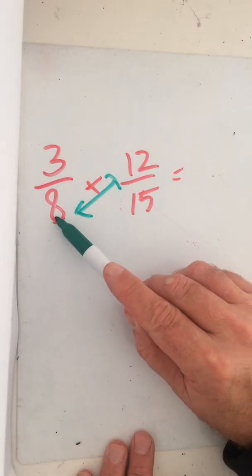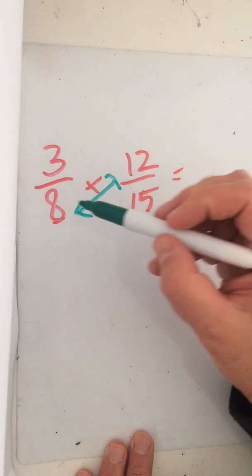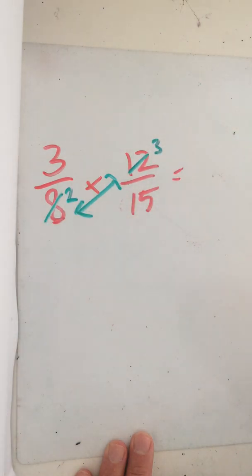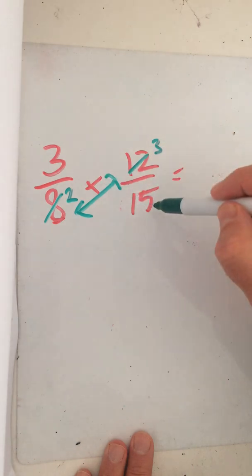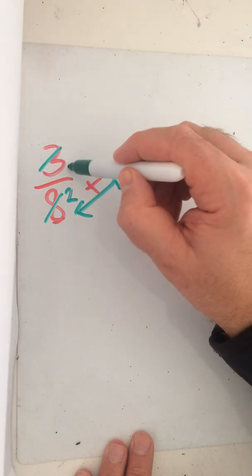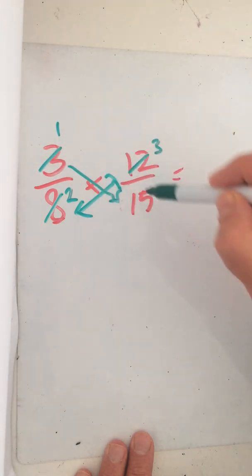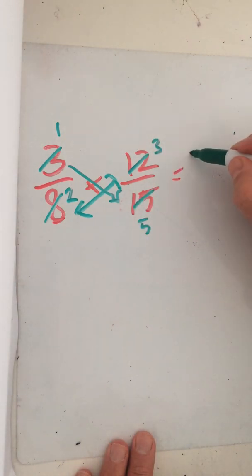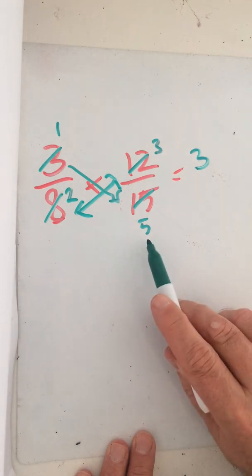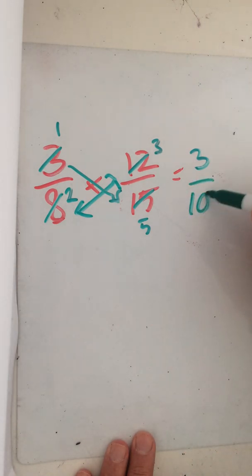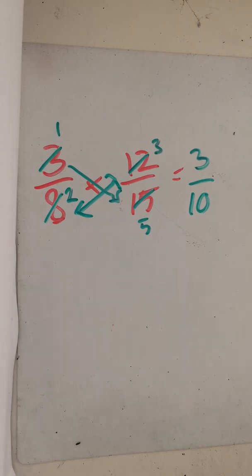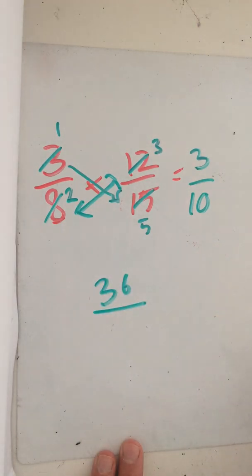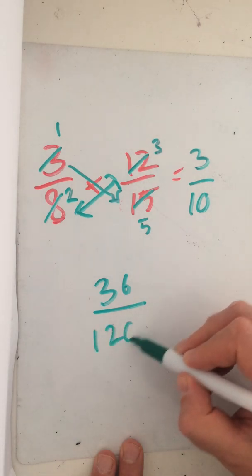So what goes into both 8 and 12, and that's 4, isn't it? So 4 goes into 8 twice, and into 12 3 times. 3 goes into both 3 and 15, once and 5. So now I'm left with 1 times 3 is 3, okay, 2 times 5 is 10, 3/10 is my answer, okay, and that saved me a lot of hassle from having to do 36 divided by 120, isn't it?